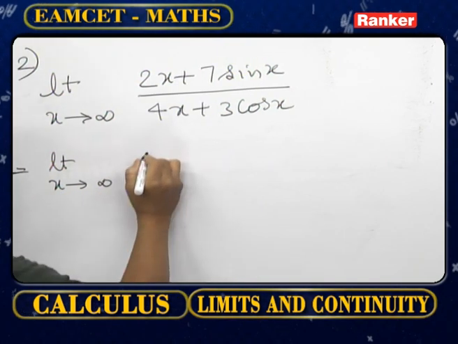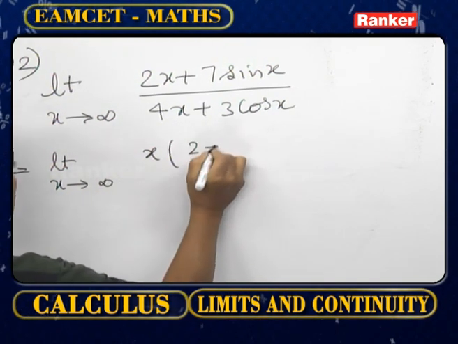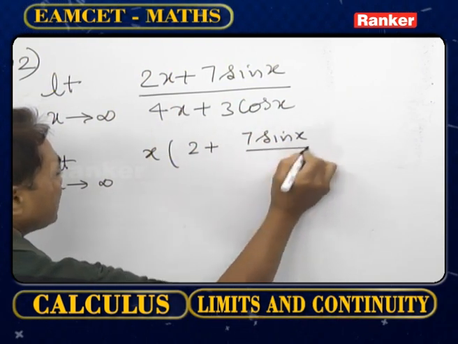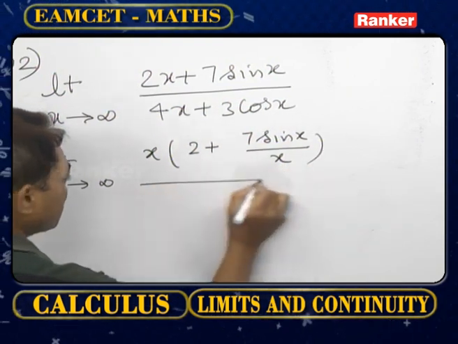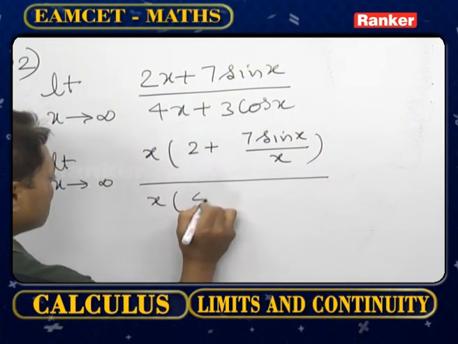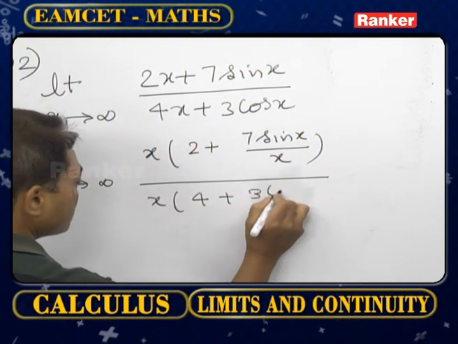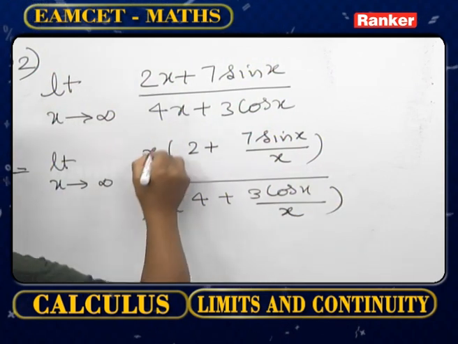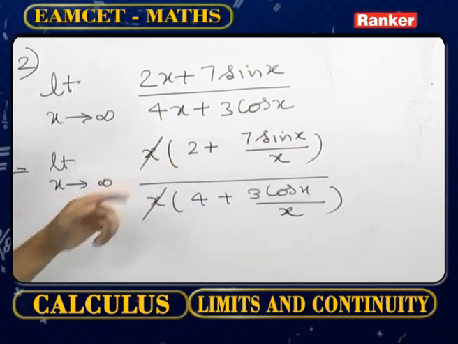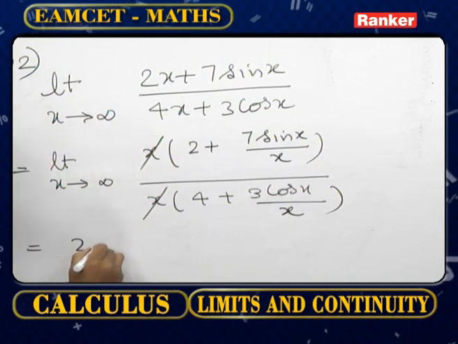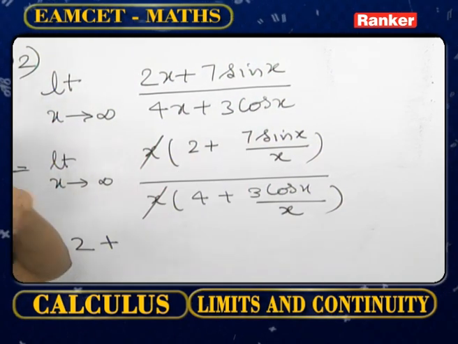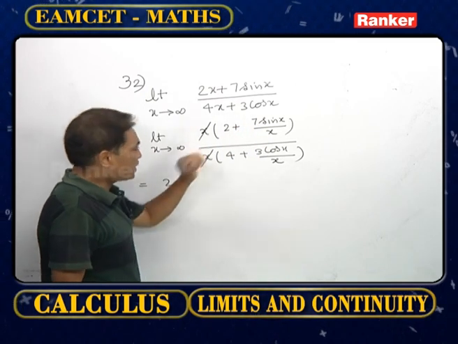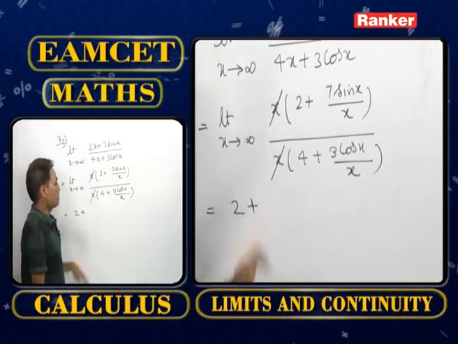Take x common from the numerator, and take x from the denominator: 4 plus 3 cos x by x. This x cancels. If you apply the limit, as I said here, sin x maximum value 1, 1 by infinity is 0, minimum value minus 1, minus 1 by infinity is 0.